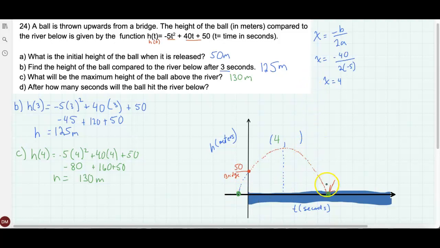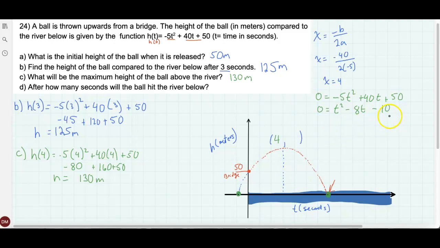So we know at that place the height is 0 because it hit the water. So 0 is equal to negative 5t squared plus 40t plus 50. Then let's divide everything by negative 5 because I think we're going to be able to factor this, or at least I hope we can. It's going to be t squared minus 8t minus 10.